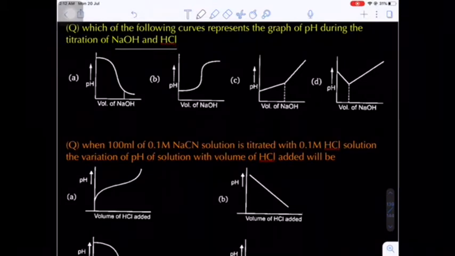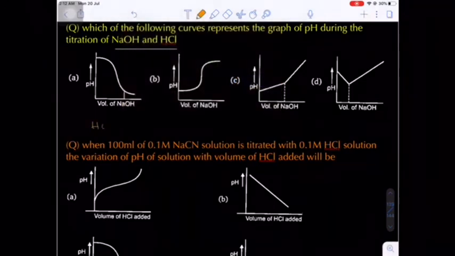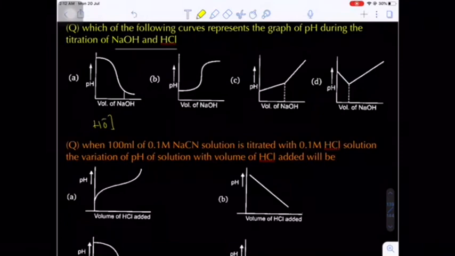Okay, now next question. Which of the following curves represents the graph of the pH during the titration of NaOH and HCl? Remember, it is very easy to identify the graph. First of all, you see on the x-axis which volume is added, acid or base? Base. When we are adding the base, the OH minus ion concentration increases, and the pH value of the solution also increases.